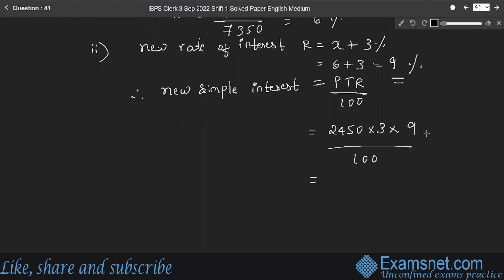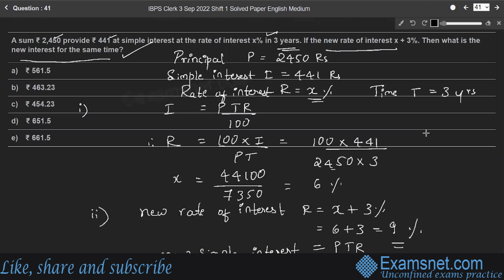The numerator becomes 66,150, which is 27 into 245, so 6615.0 divided by 100, which is 661.5. Therefore, new simple interest is equal to 661.5 rupees. Therefore, the answer is option E, 661.5.